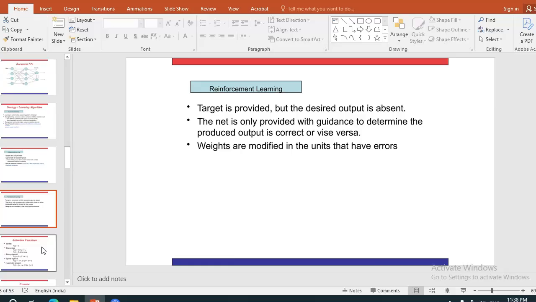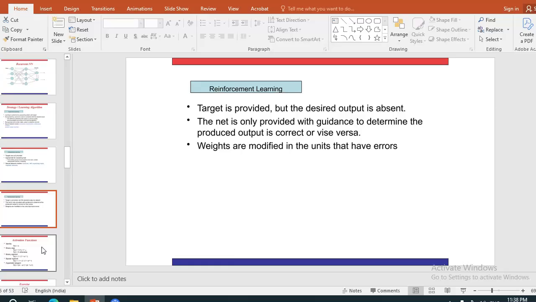There are numerous applications of artificial neural networks. We can implement ANN in almost all types of applications. Nowadays they are implementing IoT with AI models to provide solutions for real-world problems.